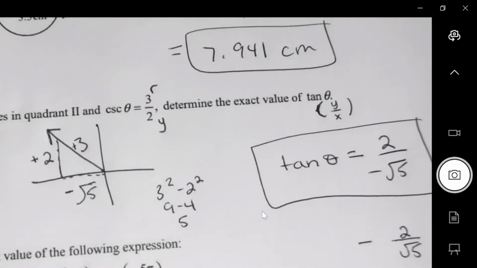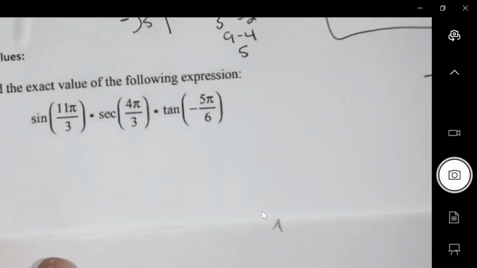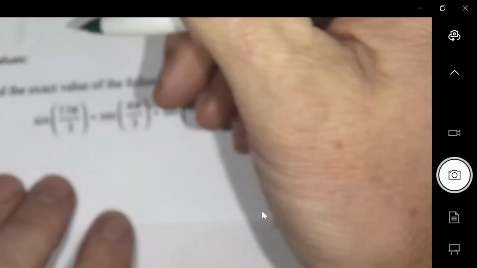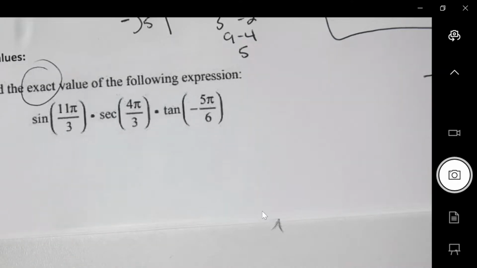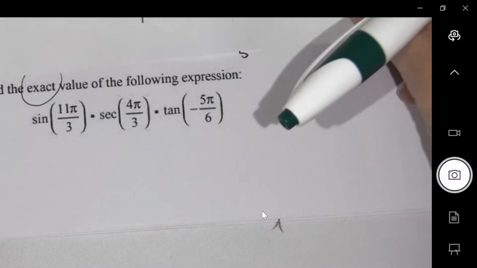Okay, exact values. So when you see the word exact, do you think I'm going to go to my calculator? No. Where should I go as soon as I see the word exact? I'm sorry, you don't get the answer key on your exam. We go to our unit circle.